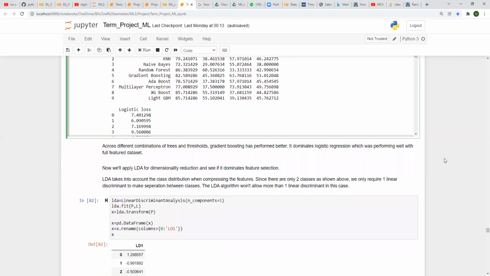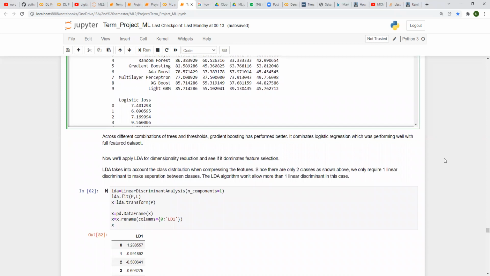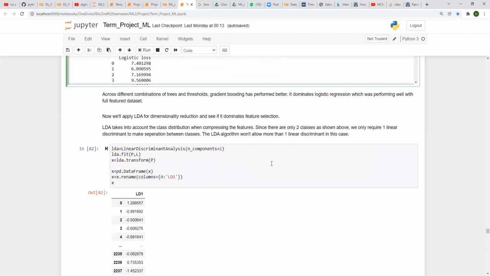So now that we have done feature selection, now we'll do dimensionality reduction techniques, and it includes LDA and PCA. So the problem with LDA is that we have two classes only. So if we have two classes, the number of features that we can get is only one. So we're going to compress the features into one feature only to predict the two classes.